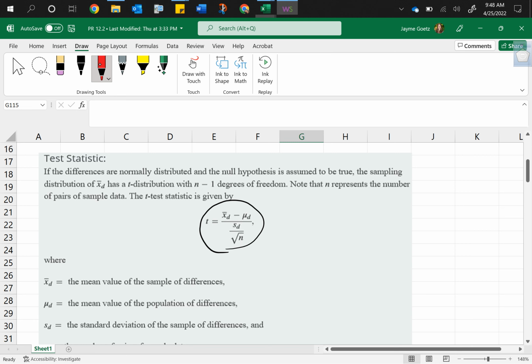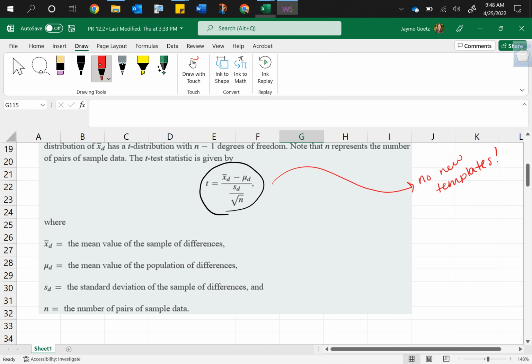We are using the templates that we already have. But what I need you to pay attention to is the variables that we are going to be working with. First of all, this is going to be a t-distribution. Just a reminder, t-distribution means we're going to be using degrees of freedom.